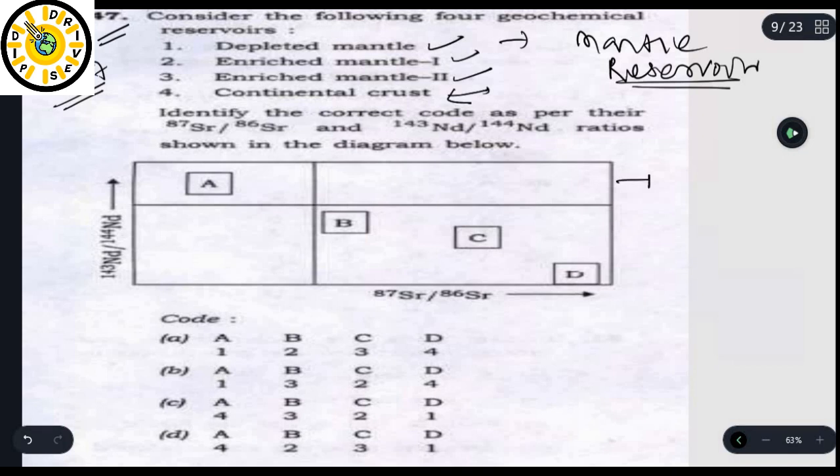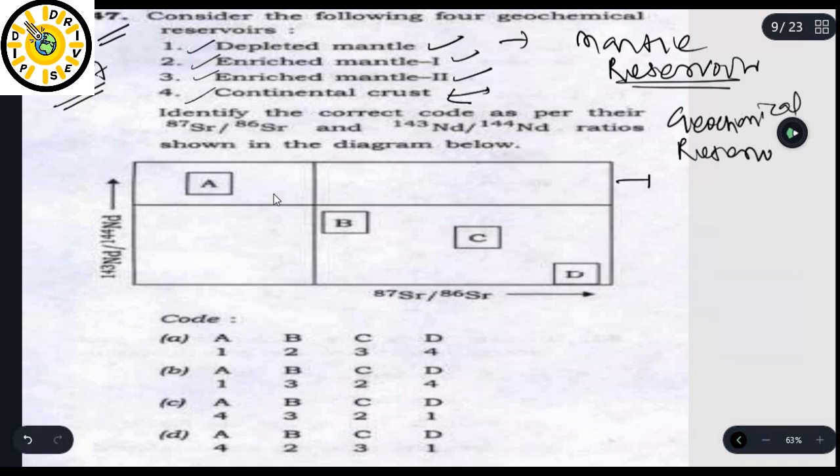So let's first discuss what the different types of geochemical reservoirs are. What do you mean exactly by the depleted mantle, enriched mantle 1, enriched mantle 2 and continental crust?